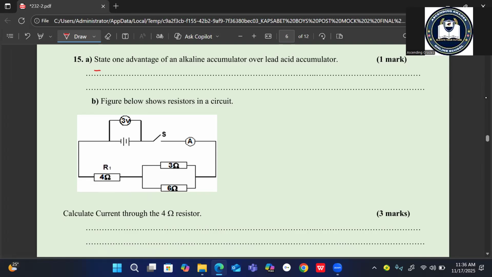In alkaline accumulator, large currents can be withdrawn over a short period of time.